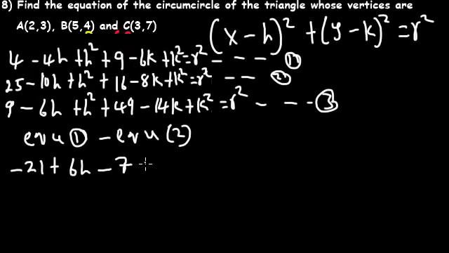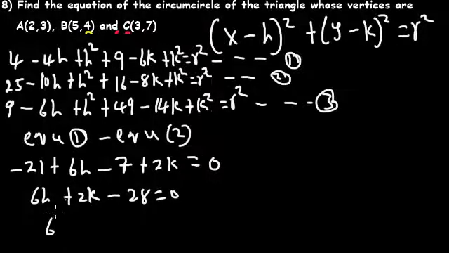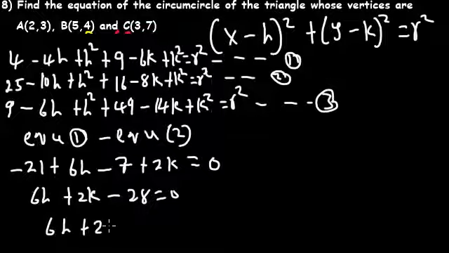That gives us plus 2k. Then k squared cancels k squared, r squared cancels r squared, and the result equals 0. Minus 21 minus 7 gives us minus 28. So we have 6h plus 2k minus 28 equals 0. Finally, isolating the variables, we have 6h plus 2k equals 28.